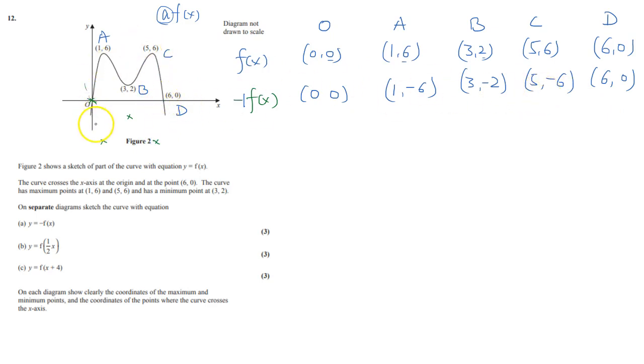So you can see that the curve for this will be, I'm trying to draw the rough figures only, so it will pass through here. In fact, it's a reflection in x-axis, so that is very simple. That is the first one. Another one, it is saying f half x.